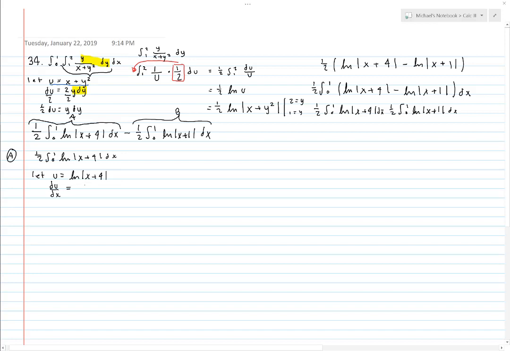And I guess something we should know is the derivative of ln(x+4) is 1 over x plus 4. And then we're going to say du is equal to 1 over x plus 4 dx, because you're going to use integration by parts right now. And I'll get to that in just a second.